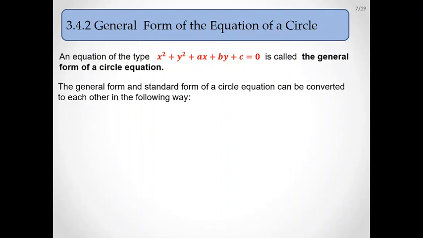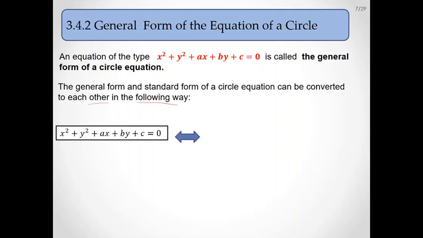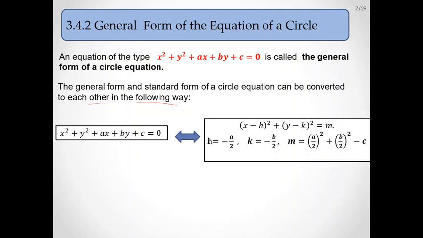So the general form and standard form of an equation can be converted to each other in the following way. This is the general form. It's given to you. Then you can write the standard form this way. So what is h, what is k, what is m? You can use this a, b, c to get them. So h is minus a over 2, k is minus b over 2, and m is a over 2 squared plus b over 2 squared minus c.